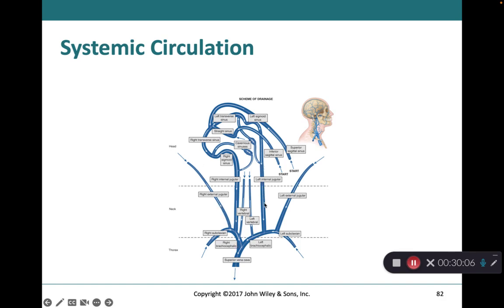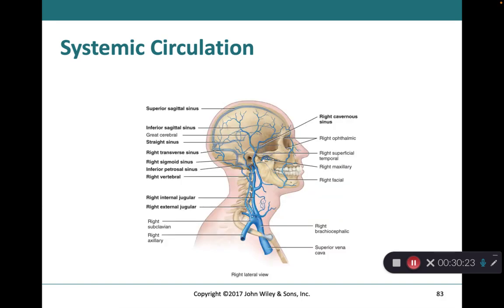Okay, left internal jugular also takes some of this oxygen poor blood, mixes with the left external jugular blood from the left subclavian as well into the left brachiocephalic trunk and into the superior vena cava. Okay, and then here you can see where they're all found within the brain and the neck.